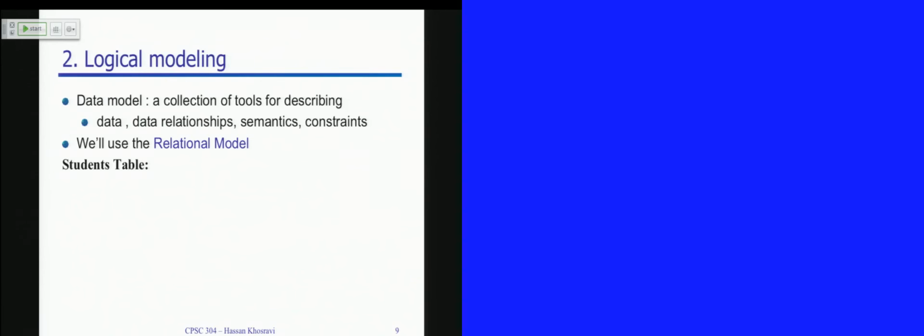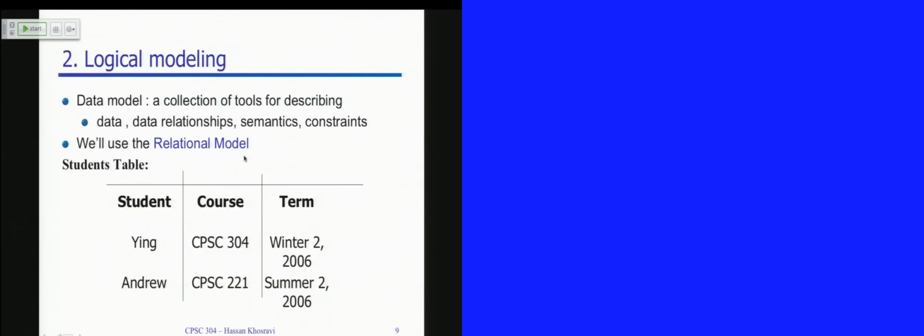Okay, so once we have the model in place and we know what it is that we want to talk about, we need to take that concept and logically model it. And we're going to use relational models in order to do that. So later, once we have the concepts, we're going to design tables, and inside those tables, we're going to keep the information that goes with the model that we have in mind.